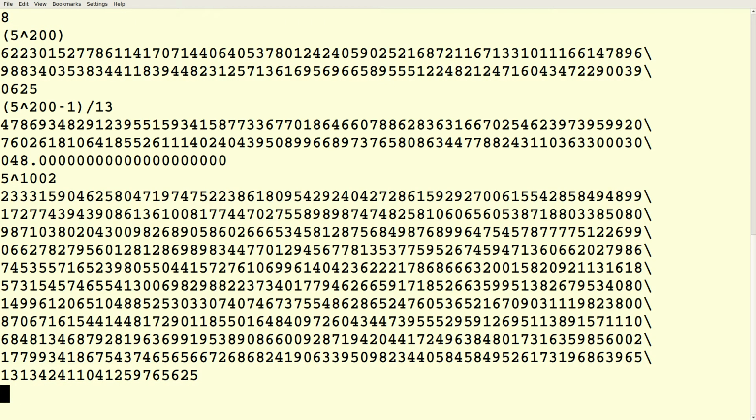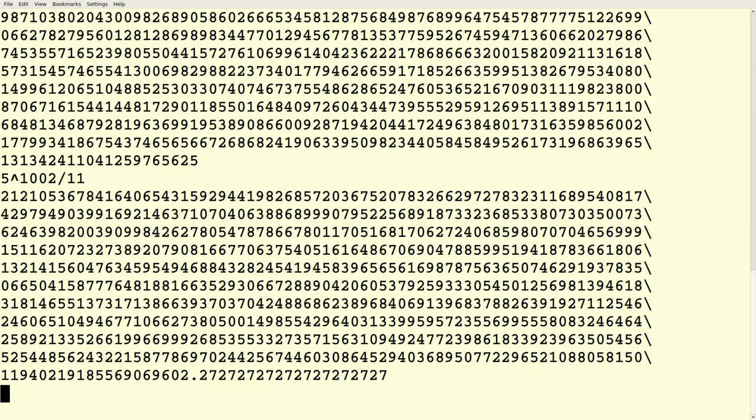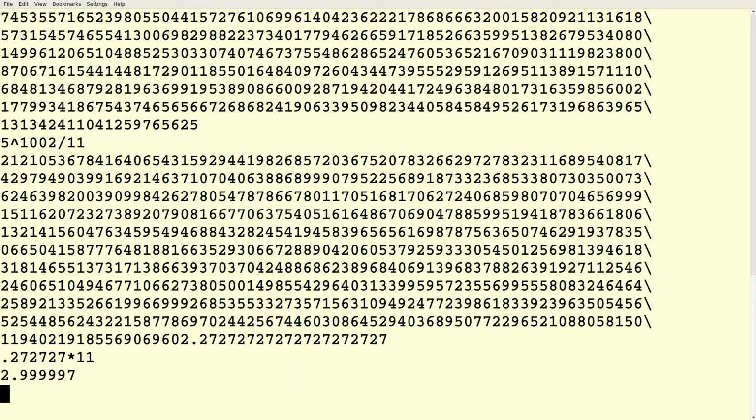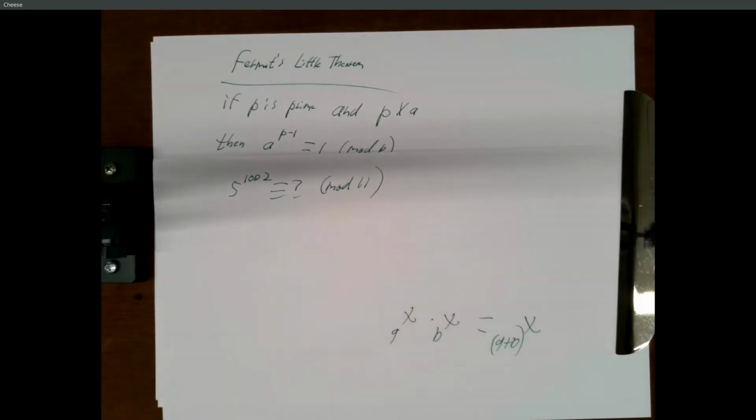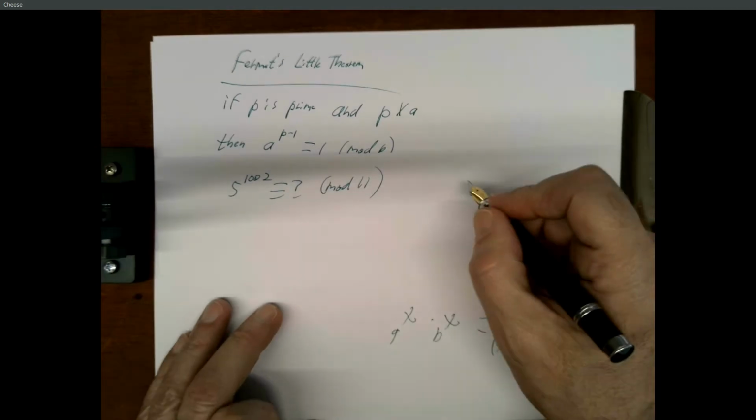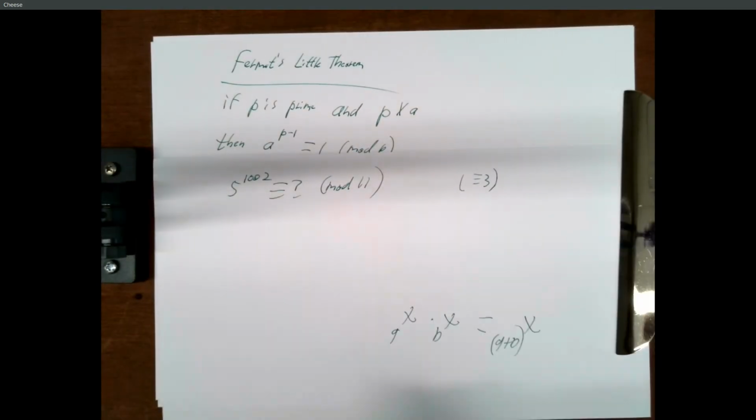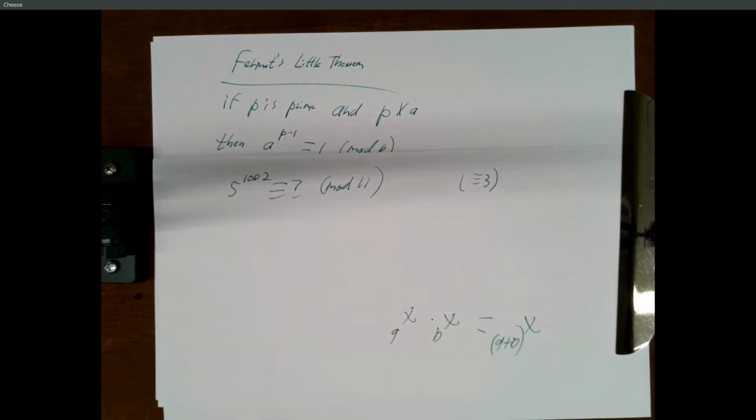Okay, 5 to the 1002 is a big number. If you happen to have a calculator, you can divide by 11 and figure out this is going to be congruent to 3. But if you don't have a big calculator, how can we figure this out?